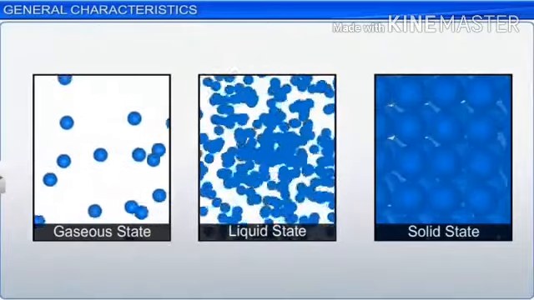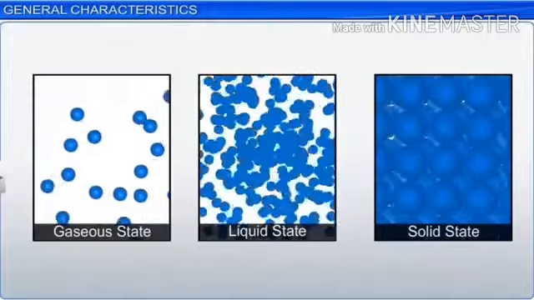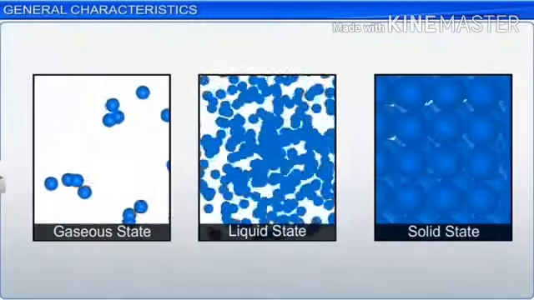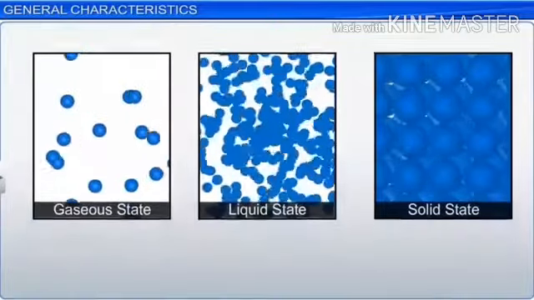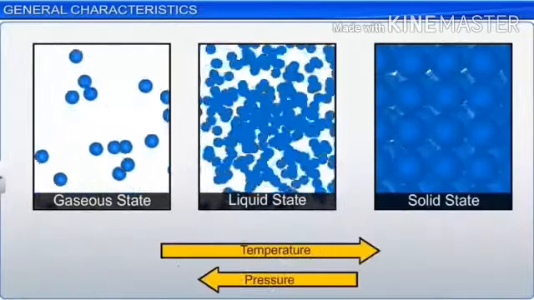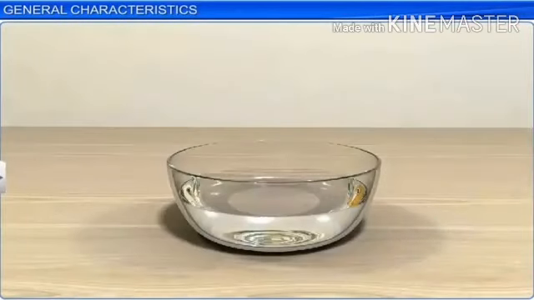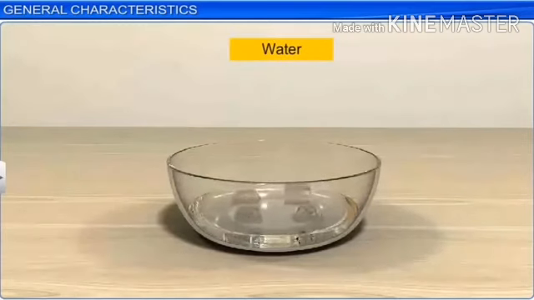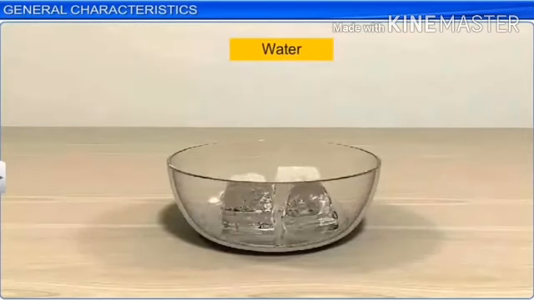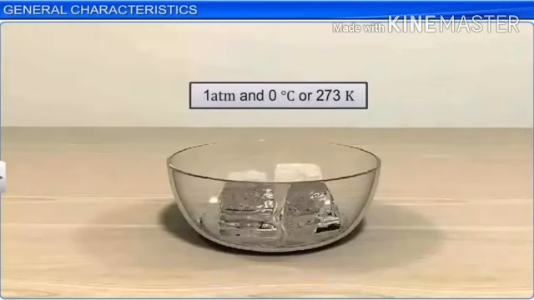In fact, we can say that the state in which matter exists depends upon the external temperature and pressure also. For example, at 1 atmospheric pressure, water in liquid state gets converted into its solid form, ice, at 0 degrees Celsius or 273 Kelvin.